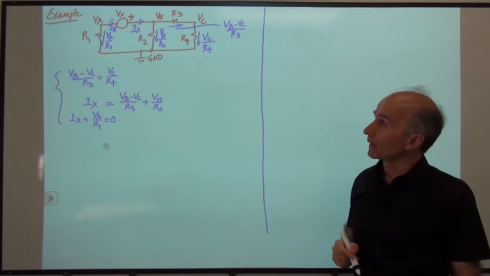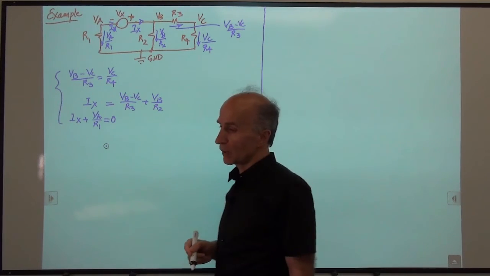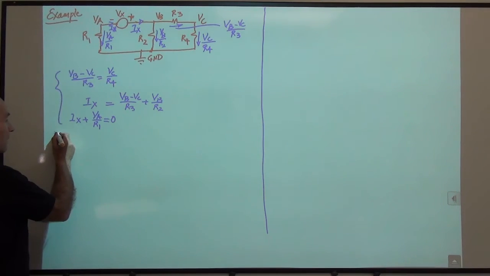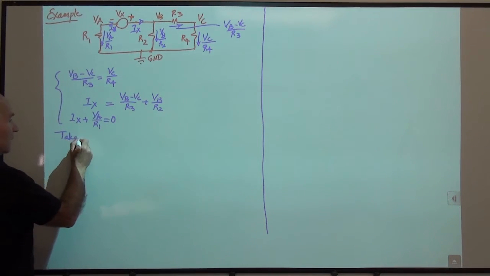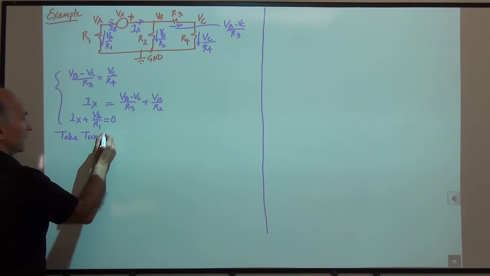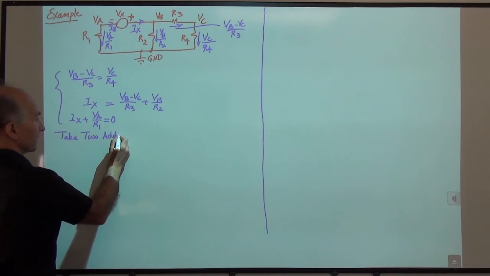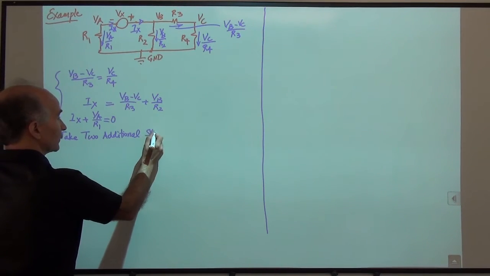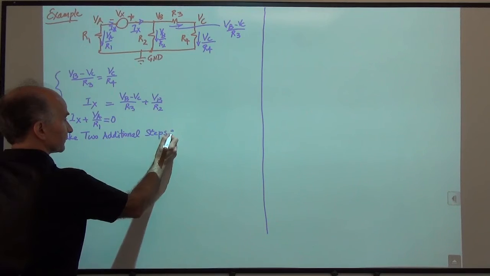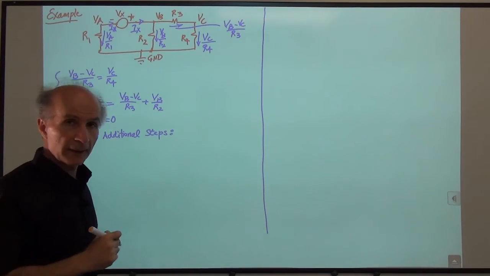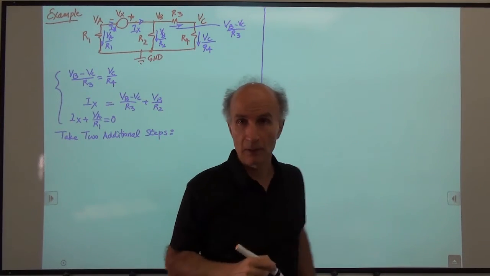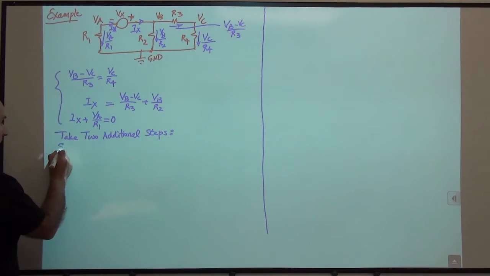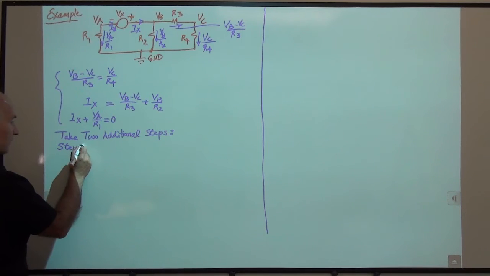Okay, so how do we handle this? Well, we're going to take 2 additional steps, and the steps will be as follows. This happens anytime we have a voltage source in our circuit. All right? Okay, let's call this step number 5. We had 4 steps already, so step 5.